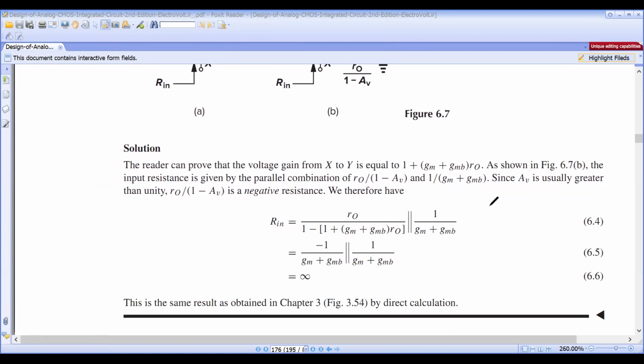Here is the Rin value, as I told you. Since this one is small, neglect it. Then minus r naught by (gm plus gmb) into r naught remains on this side, in parallel with 1 by (gm plus gmb). This r naught cancels. Of course, this is infinite, so the input impedance is an infinite value.